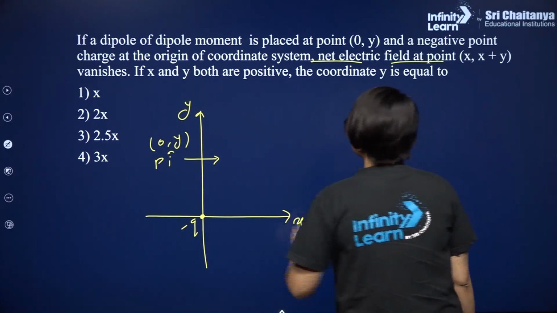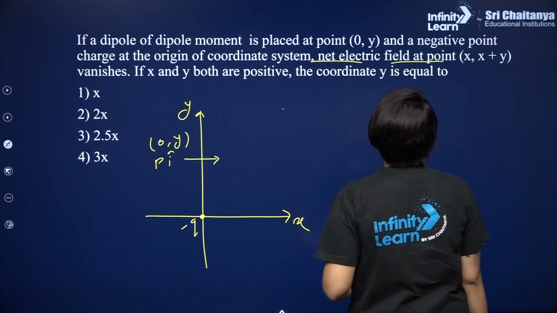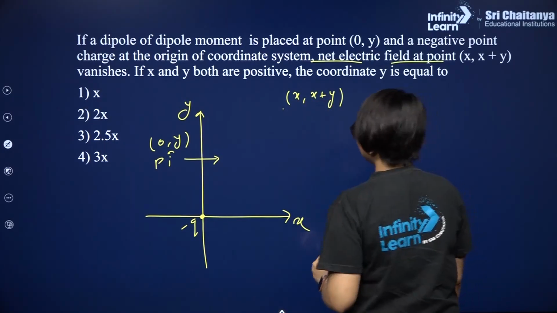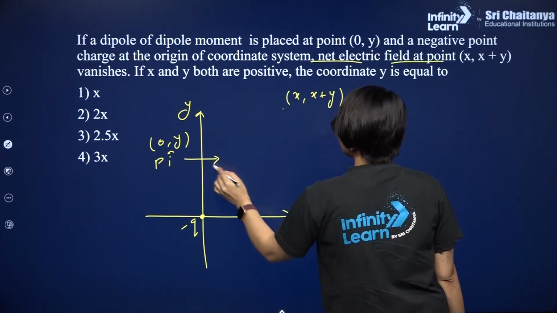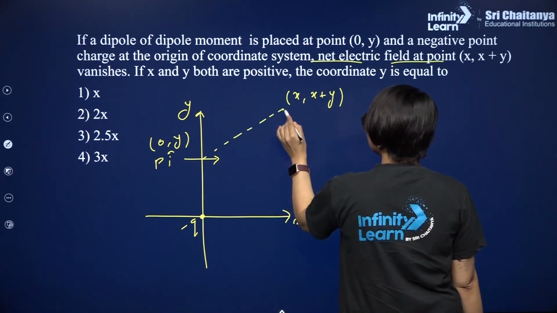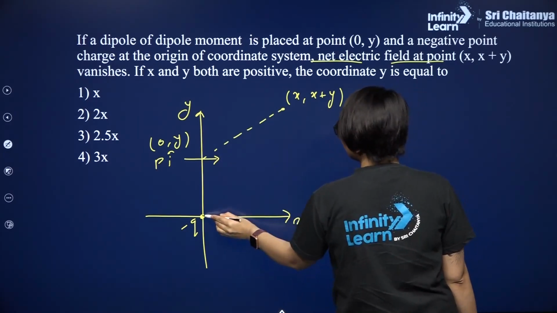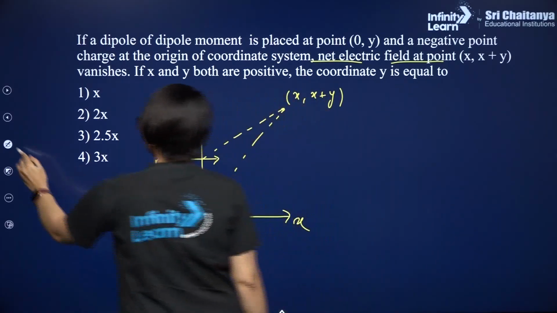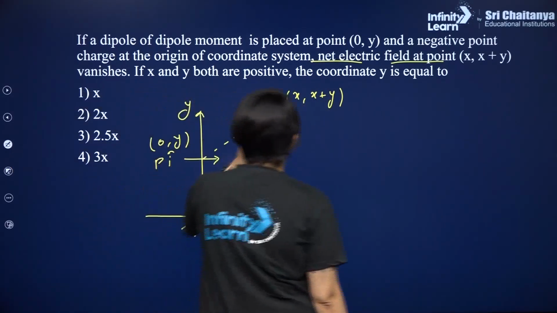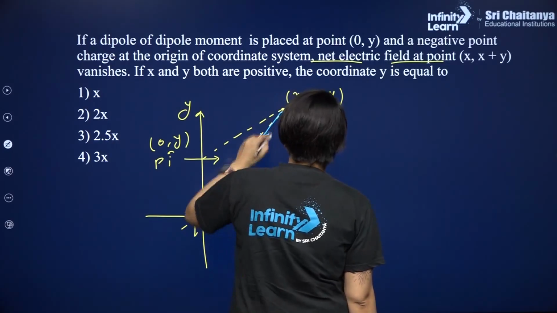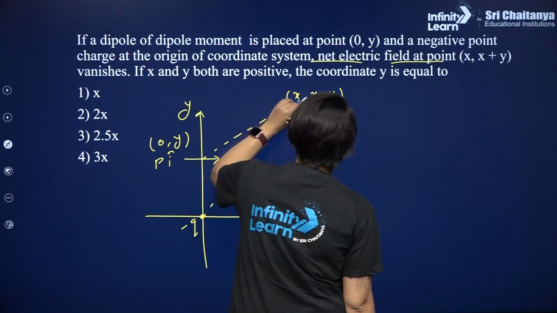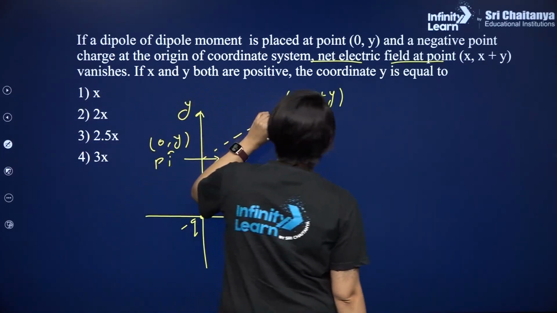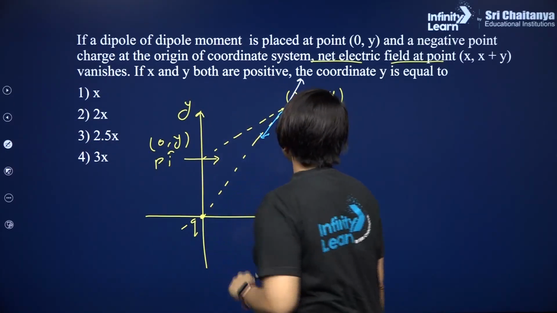And because of this, the electric field at x comma x plus y vanishes. That means electric field due to the dipole is equal to electric field due to this negative charge. The electric field due to this negative charge will be towards the charge like this, and in order to cancel this, the electric field generated by the dipole should be in the opposite direction like this, right?